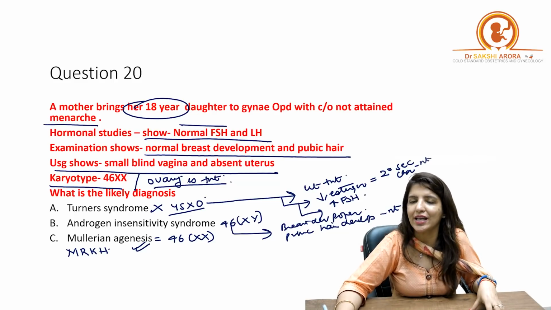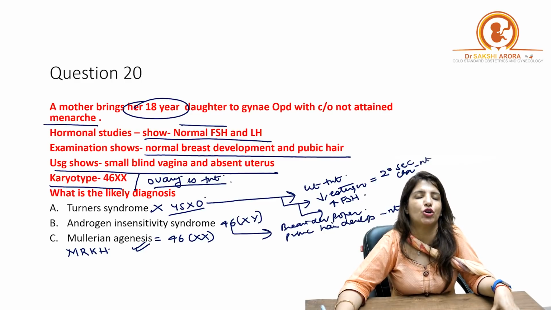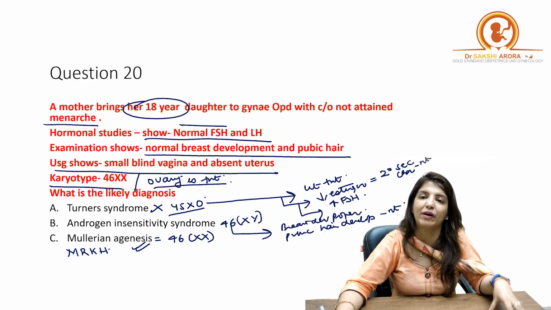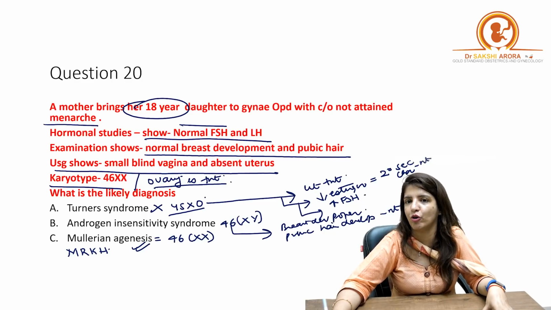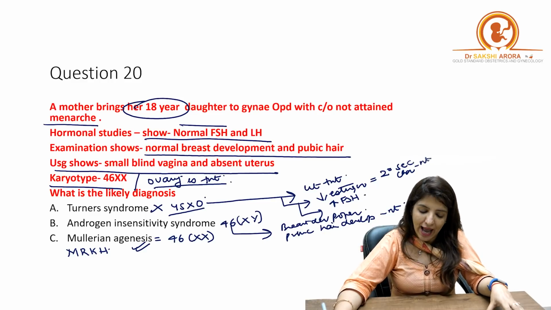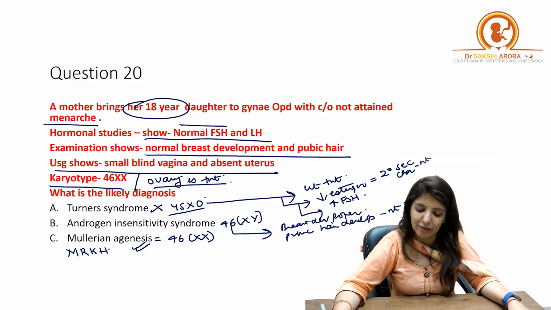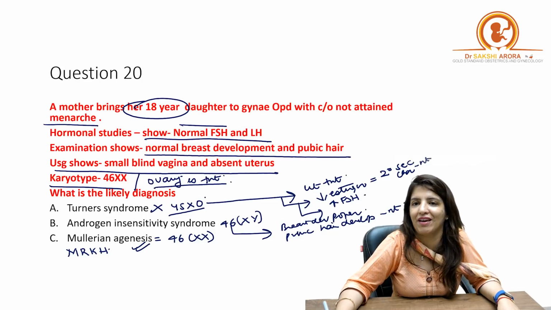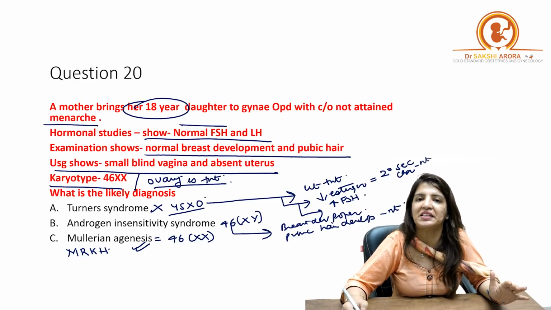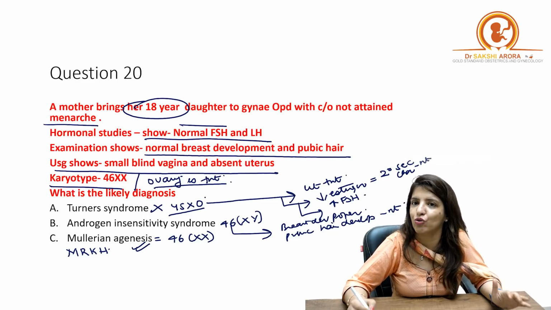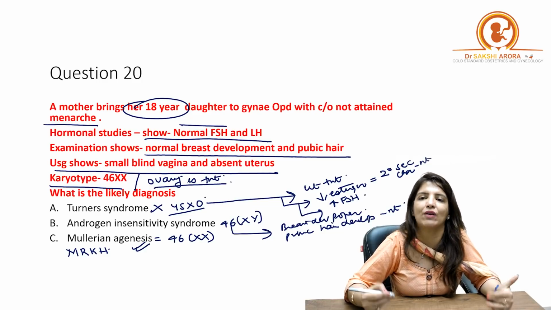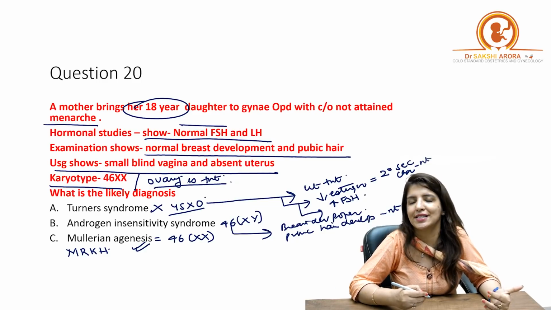So typically you get a question that breast development corresponds to Tanner stage 4 or 5, but pubic hair and axillary hair corresponds to Tanner stage 1 and 2. And here they are saying there is normal breast development and pubic hair development. So again, it cannot be androgen insensitivity syndrome, and we come to Mullerian agenesis as our answer.